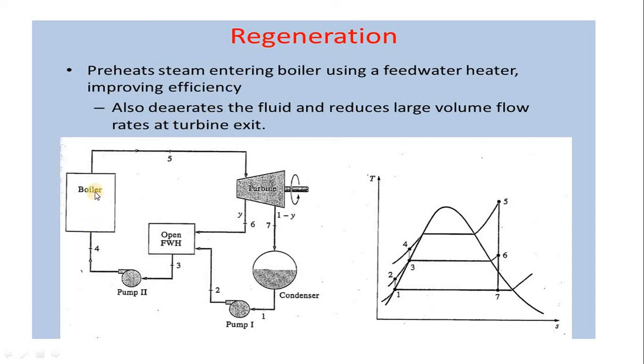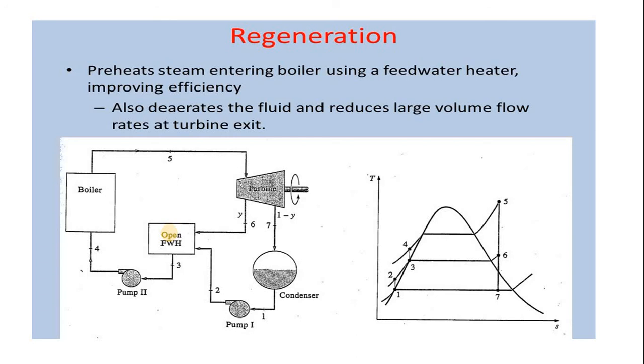In the regeneration process, the steam from the boiler enters the turbine. In the turbine the expansion is carried out, and most of the steam enters the condenser for condensation. Some amount of the steam is utilized in a heat exchanger, where the heating of the feed water takes place.